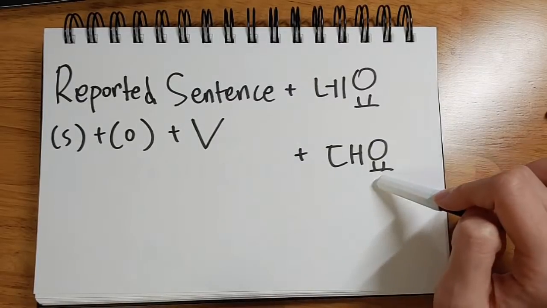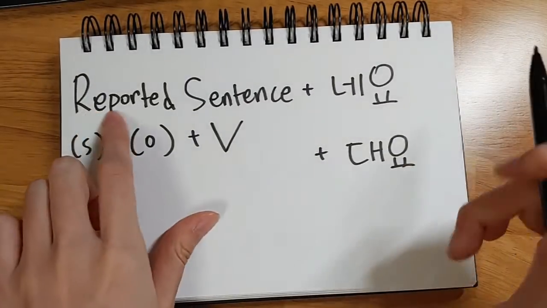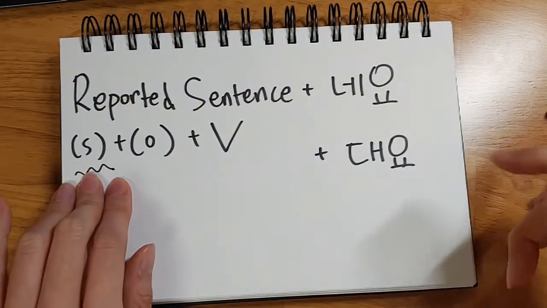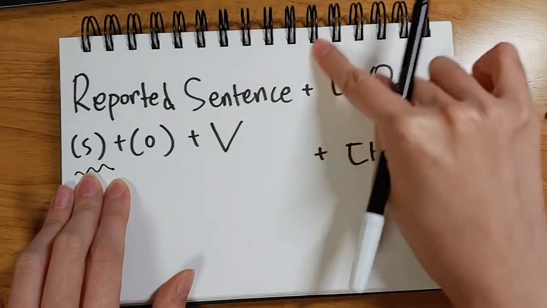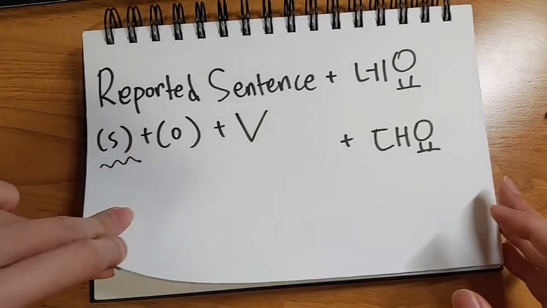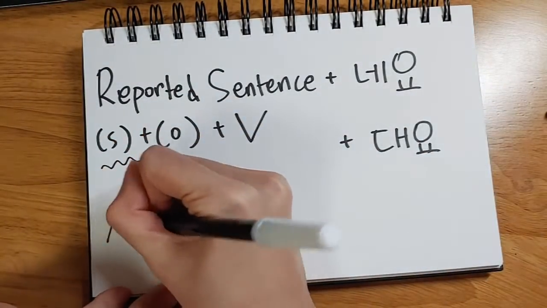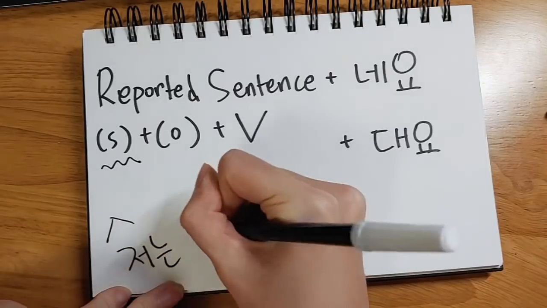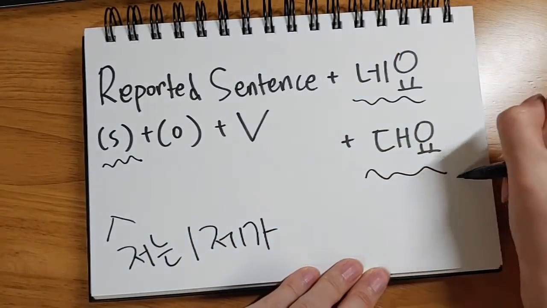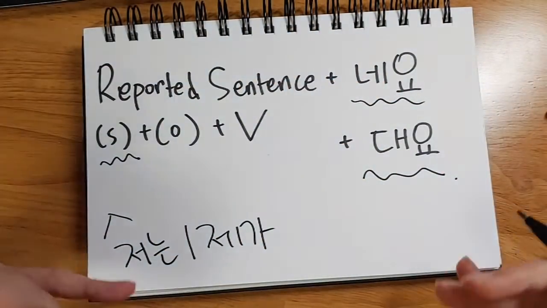That's what I hear, right? So the subject in the reported sentence, guys, might not be I, but the one that is delivering the sentence is I, right? So you don't have to put like 저는 or 제가 when you're using these endings, because it is already implied that the subject is I.